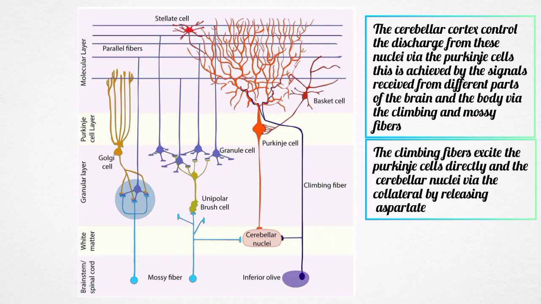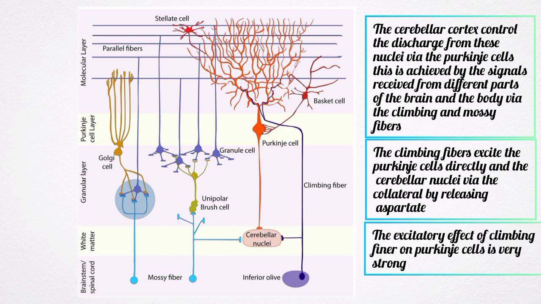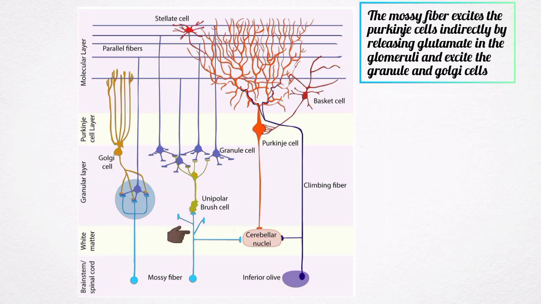Now, the climbing fibers excite the Purkinje cells directly and the cerebellar nuclei via the collaterals by releasing aspartate. The excitatory effect of climbing fiber on Purkinje cells is very strong because each climbing fiber ends on a single Purkinje cell.